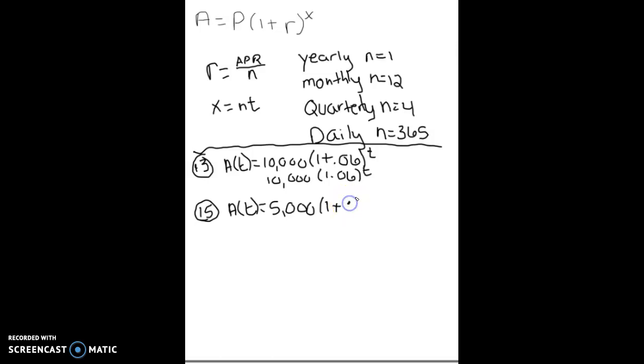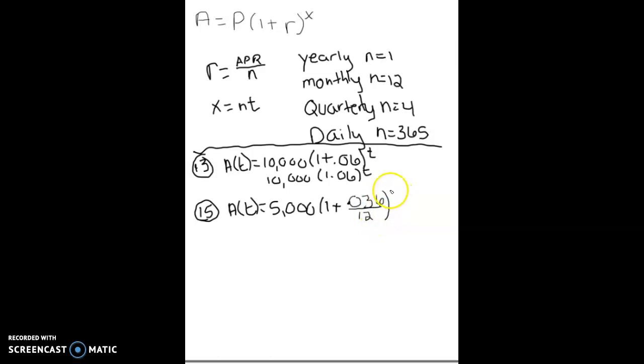So 3.6% is 0.036, but because we are compounding at a monthly rate, we have to divide it by 12. Because think about it, guys. This annual rate, annual is the full year. So we have to divide it up into 12 pieces.